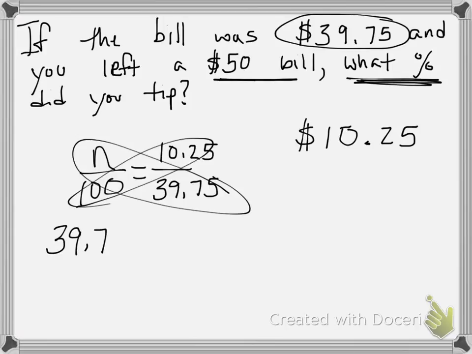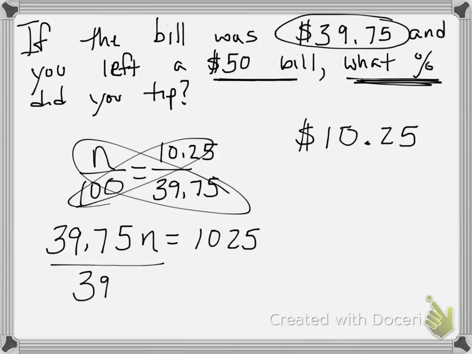So 39.75n is equal to 1025. Divide both sides by this number to isolate the variable.